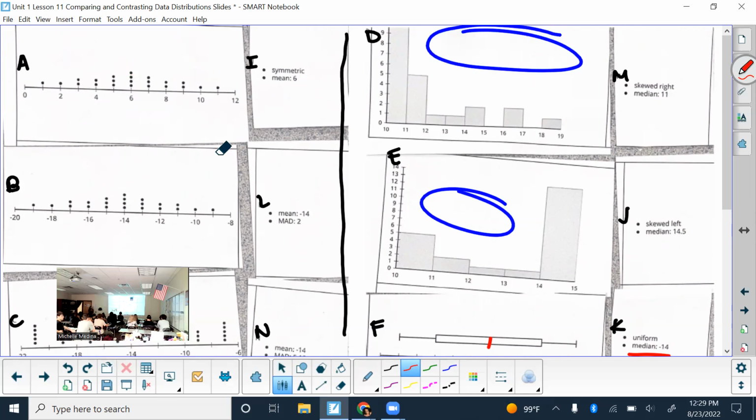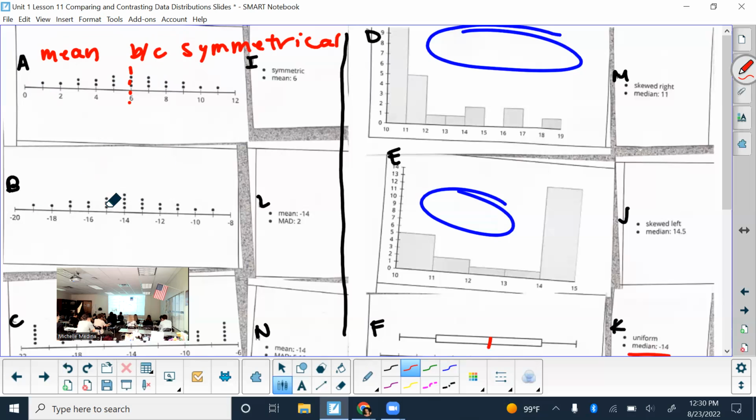Anyone disagree? Think about what we looked at yesterday. When it's symmetrical, you can easily identify the mean. So in this one, the answer key actually says that the mean is the better measure because it's symmetrical. And it is. If I draw a line down the middle, it's a mirror image on both sides.